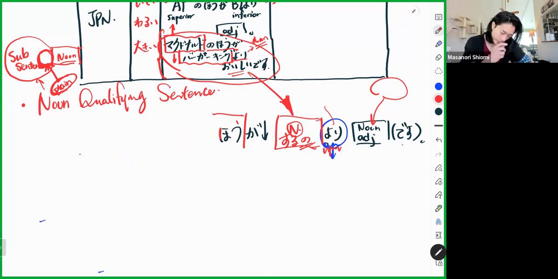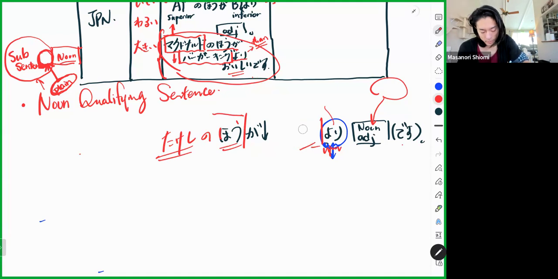You can say something like, Takeshi is more Japanese than Takashi, for example. Takeshi. Again, this one is a noun. Ho is a noun. What do we do? Not to connect. Takeshi no ho ga, we compare him with Takashi. Takashi. This one always has to be a noun. It's already a noun, so we don't need to do anything. Takashi yori. And then Japanese.